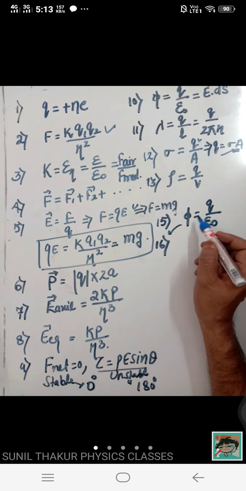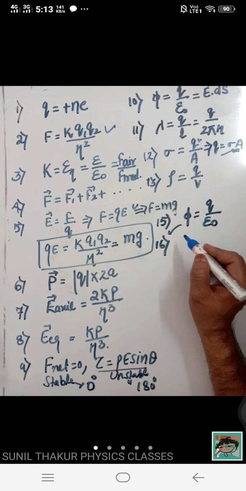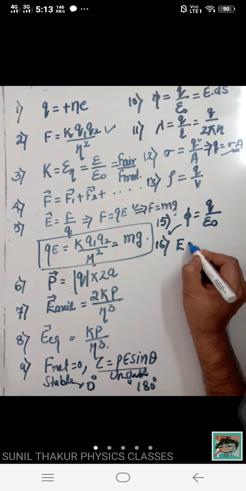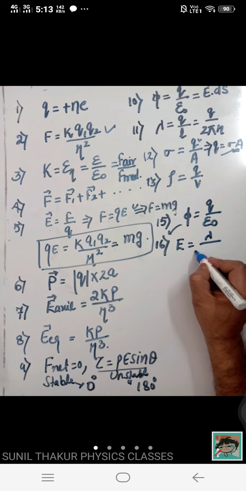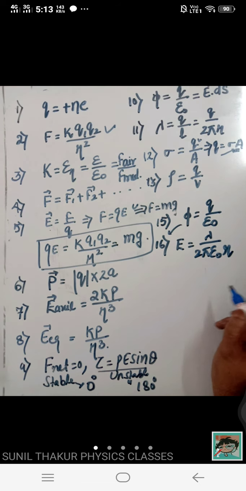Next one, the electric field applications. Applications of which one? Gauss law. First application, for a straight conductor having linear charge density lambda, the electric field E is given by lambda upon 2 pi epsilon naught into r. OK, this is for which one?